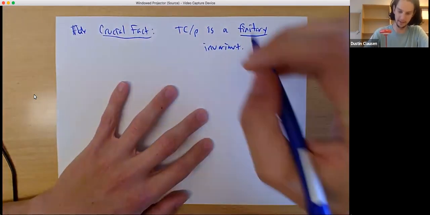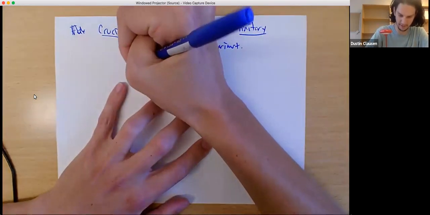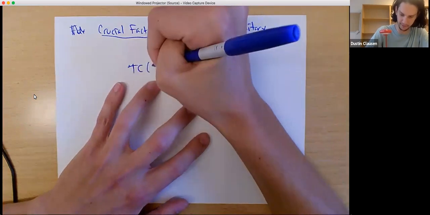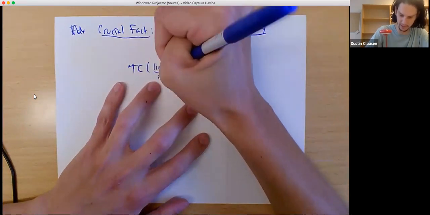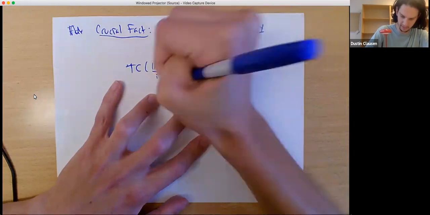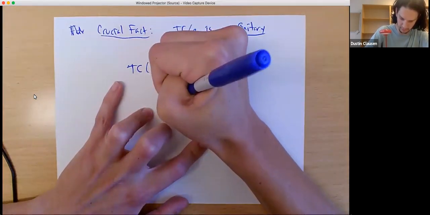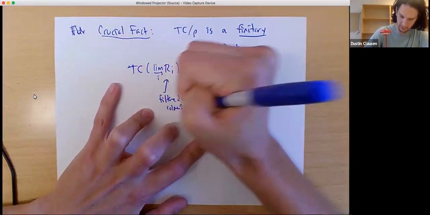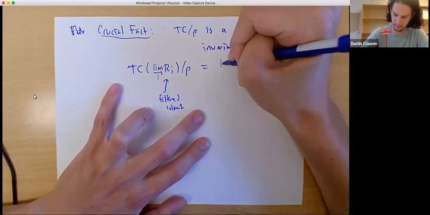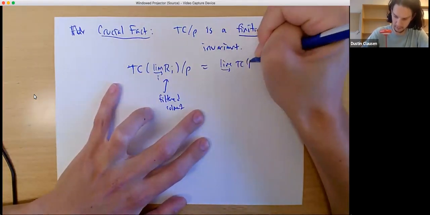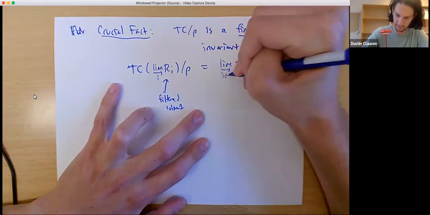What do I mean by this? I mean that TC mod P commutes with filtered colimits. So a filtered colimit of algebras can always be pulled out.